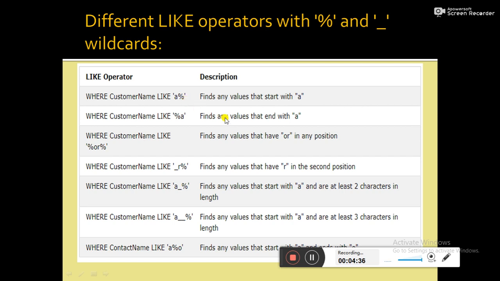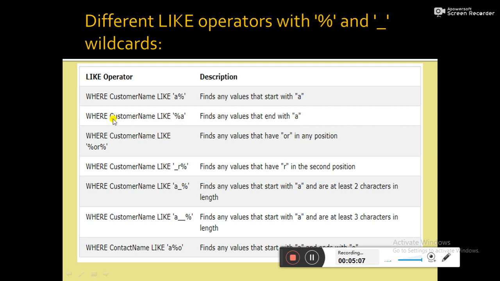Suppose we have to display only the customer names whose name ends with A. Ends with A means the last character is A. That means we only compare the last character, which is A, but from the starting to the one before the last, it may be any character.